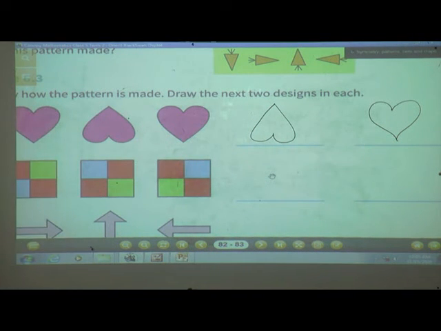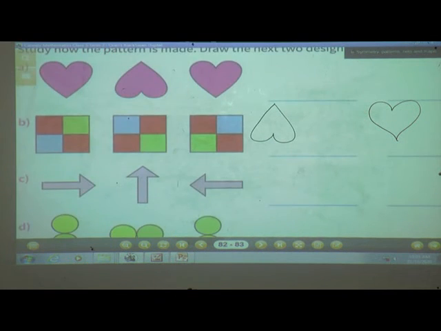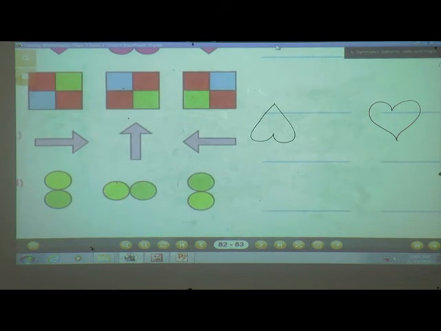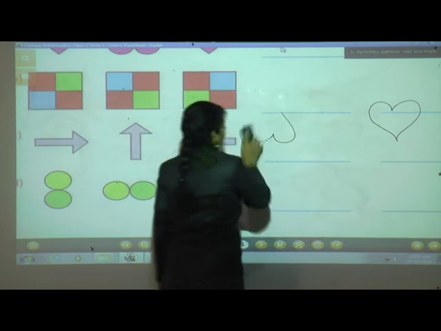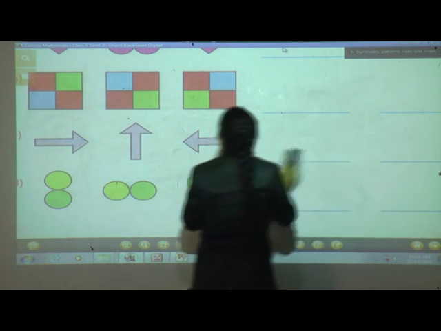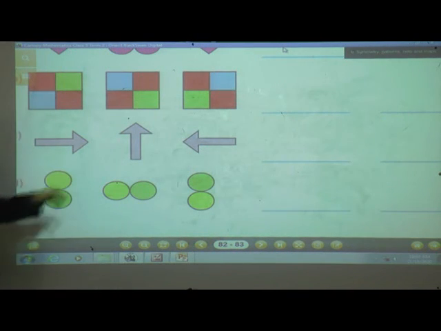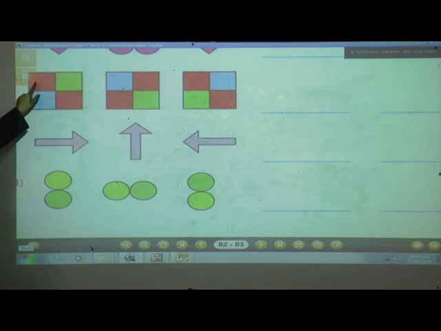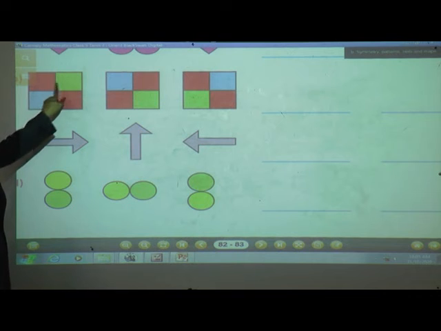So students, now second one, see here. Here they have given us a square, but they made parts here, and even they have given the colors. Here red color, yellow color, blue color, and again red color.